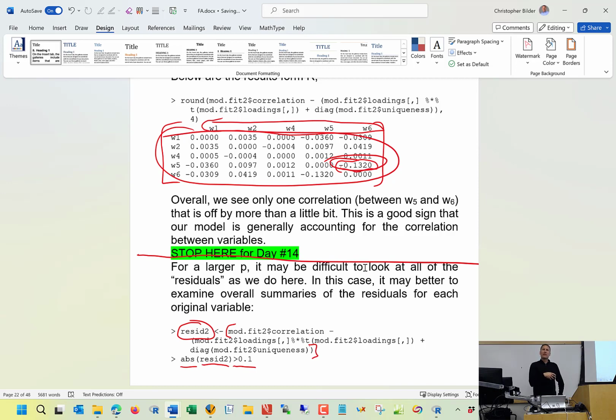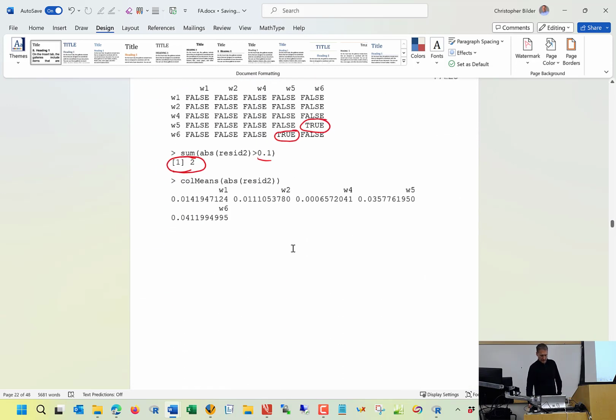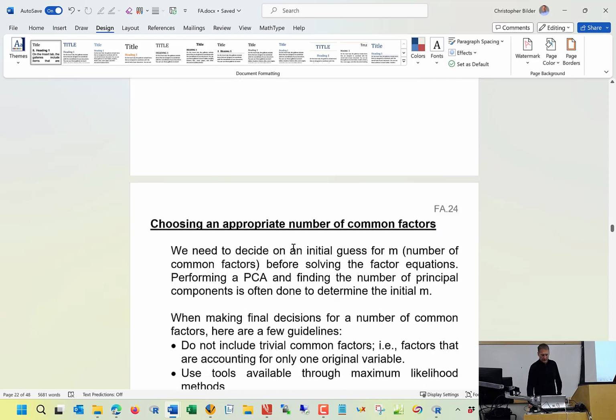If I use 0.1 there, and I'm having a lot of these residuals coming back to be greater than 0.1 in absolute value, then that would also cause me concern. Also, you could use the colMeans function to get an average residual for each of the columns, and that can be helpful as well, especially when you have more variables.